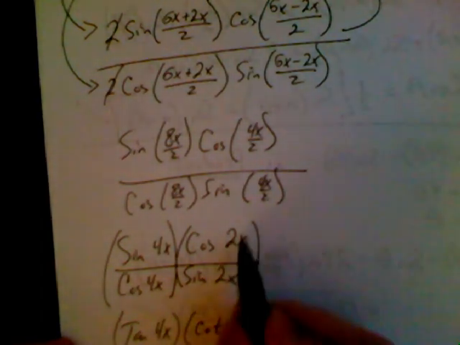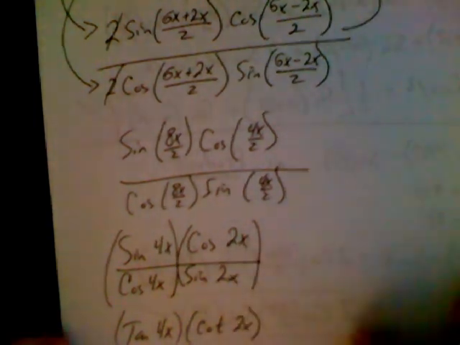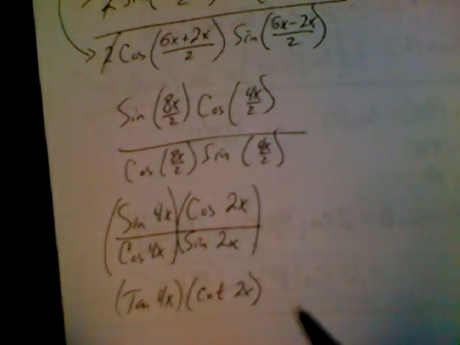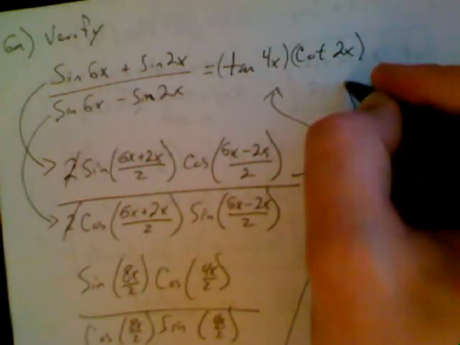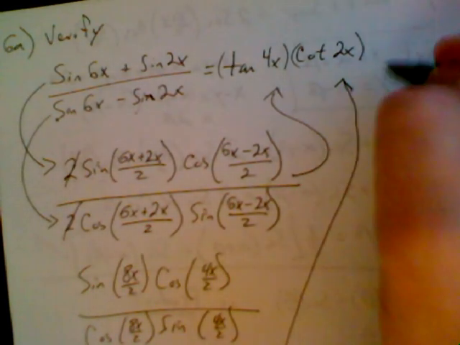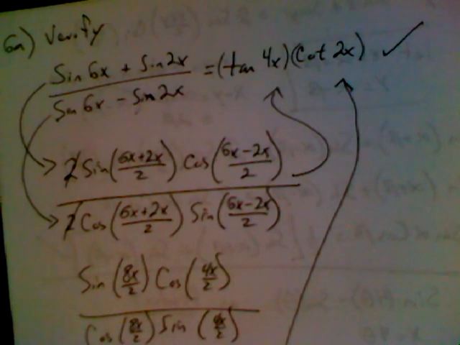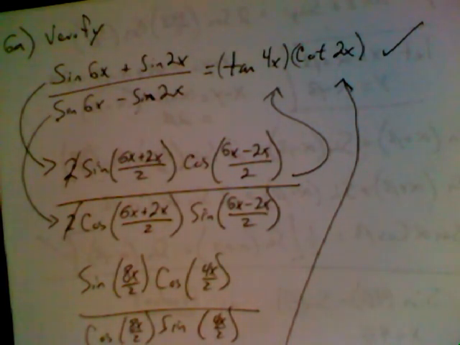That's the only reason I can say this is cotangent, and the only way I can say this is tangent. And you'll notice this all the way back up to here verifies that identity. That finishes problem number 6. We will look at the next problem in the next video.